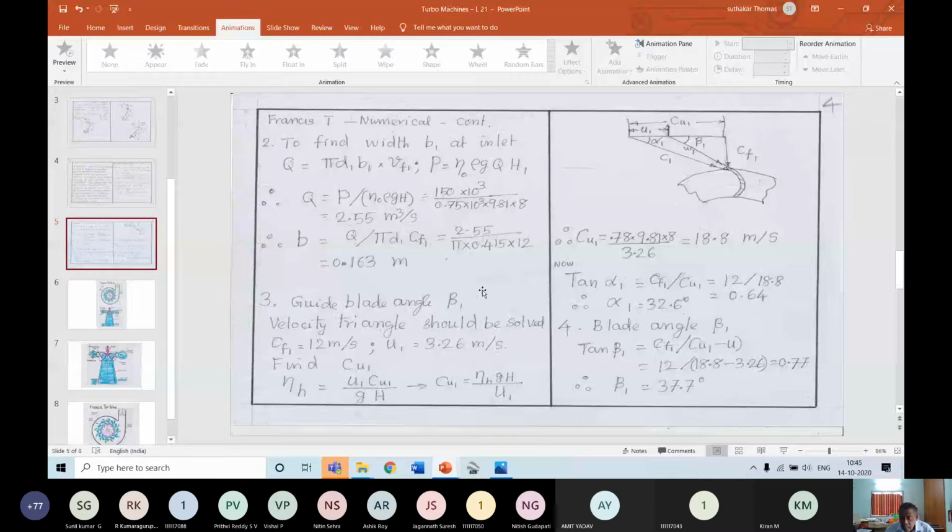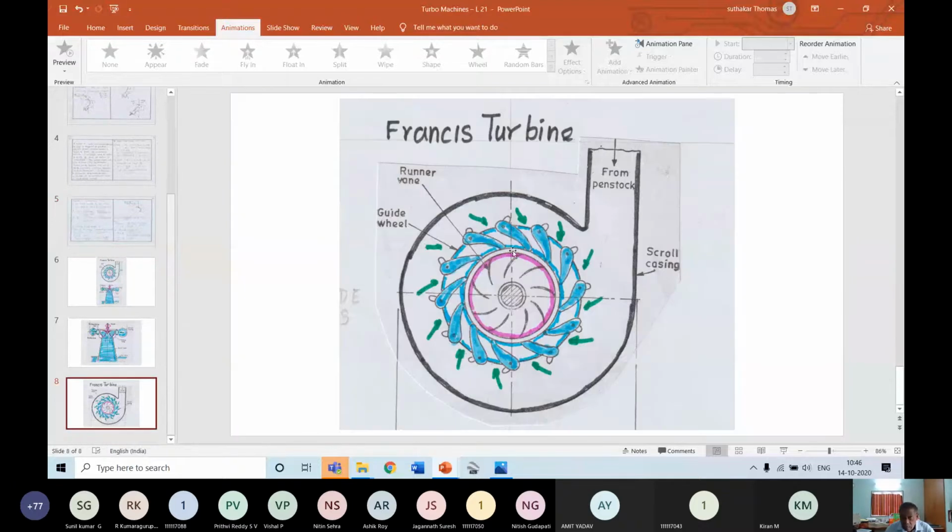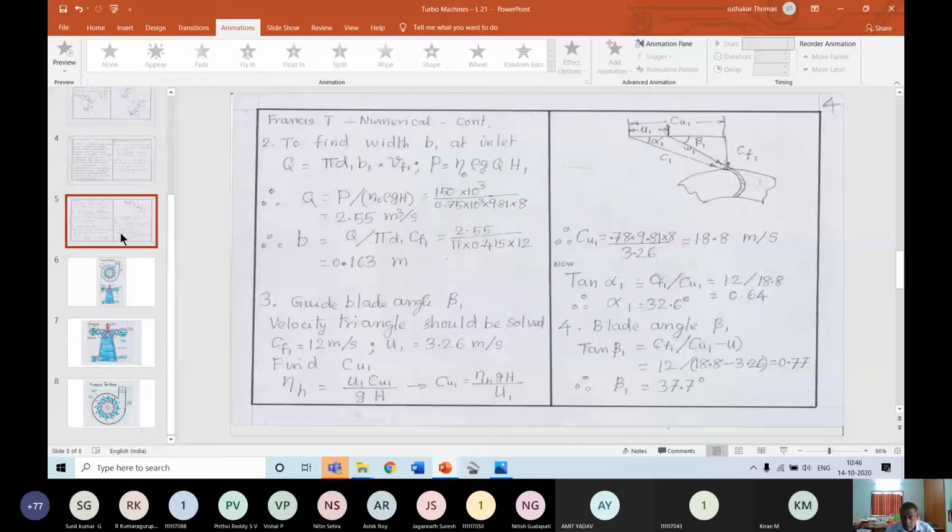Guide blade angle means the angle at the exit of the guide blades. That will be alpha 1. So first we have to solve the velocity triangle. So we should sketch a velocity triangle.